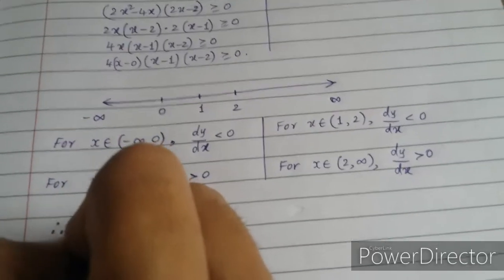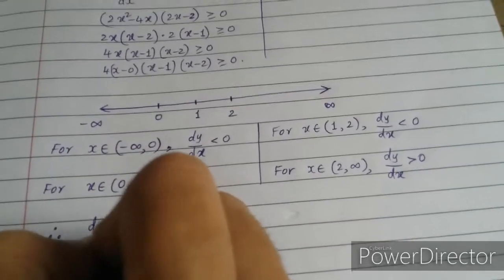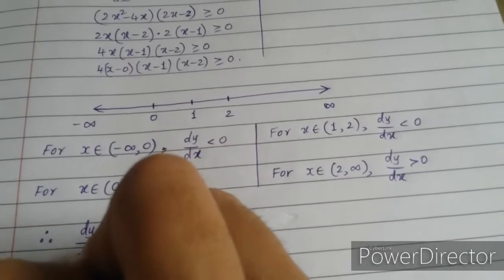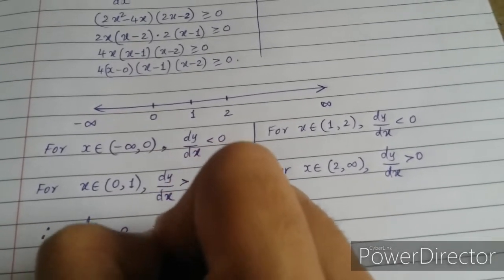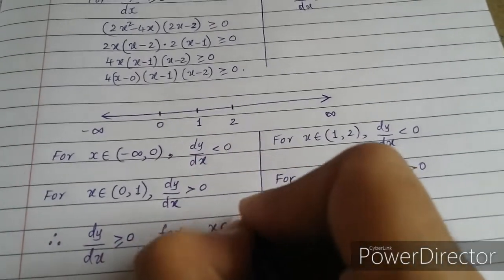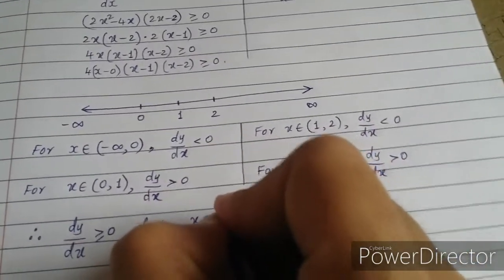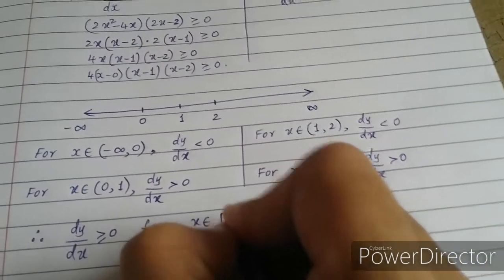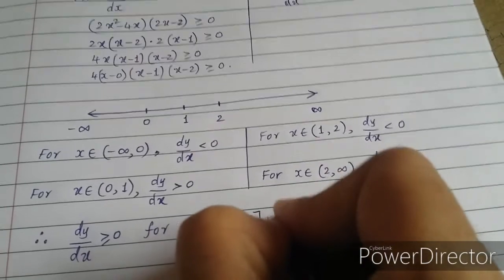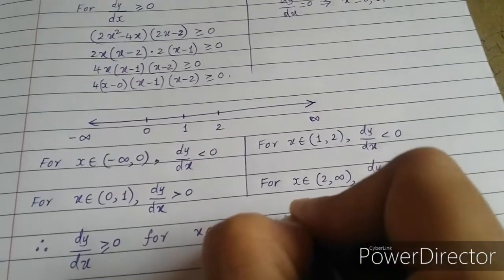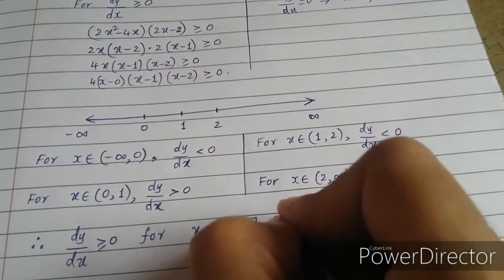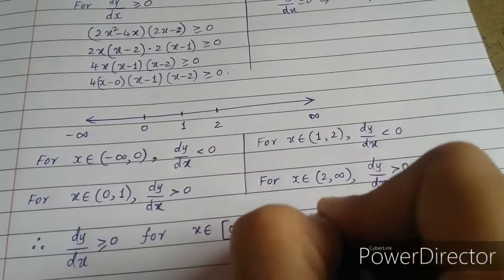Therefore, dy by dx is greater than or equal to 0 for x belongs to 0 to 1 union 2 to infinity.